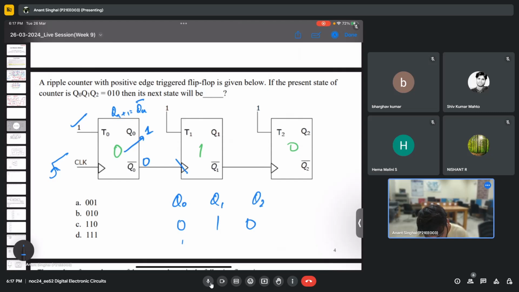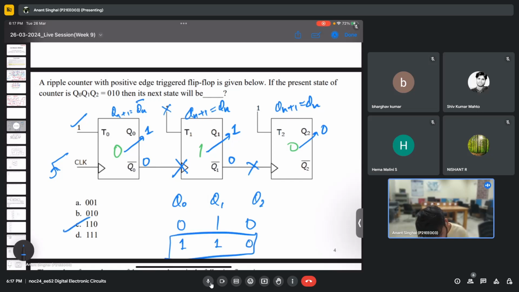This clock will not work, so whatever the state, that is Qn plus 1, will still remain Qn. So there will be a 1 here, this will be a 0. This will still not work, and again Qn plus 1 will remain Qn, because this is a positive edge triggered flip flop. So this 0 will still remain 0. It has become 1 1 0, which is option C.